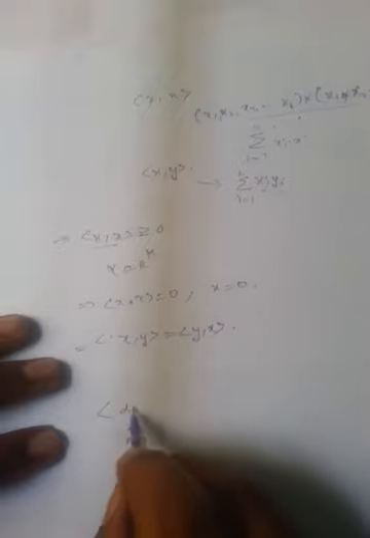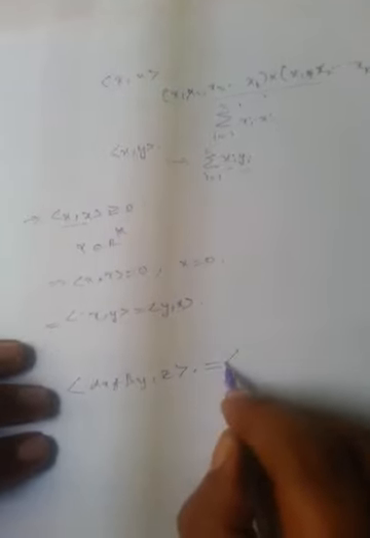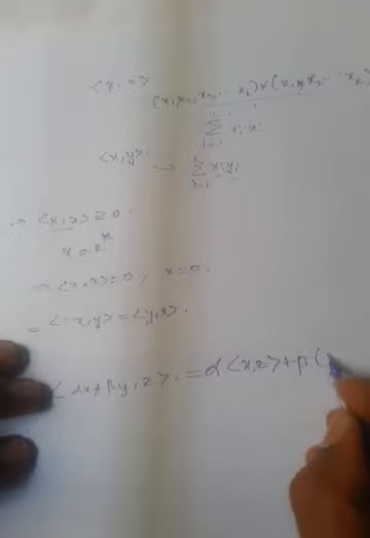This is easy. If we have x comma y given, we can have y comma x. It is also simple. We can say that it is a commutative property. And then we have another one, that is alpha x plus beta y comma z. The inner product of this will be equal to alpha times the inner product of x comma z plus beta times the inner product of y comma z.